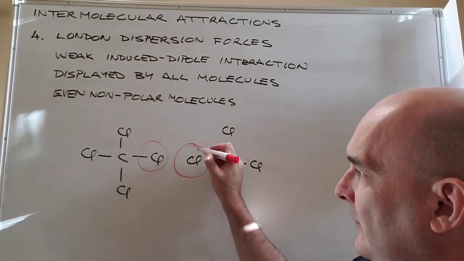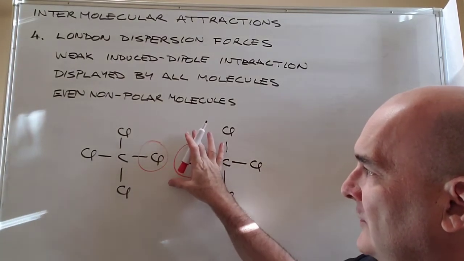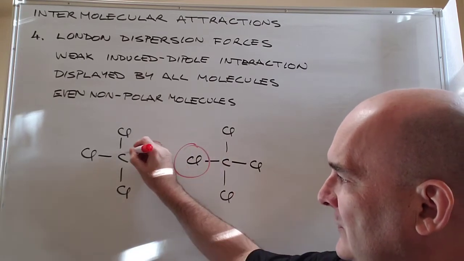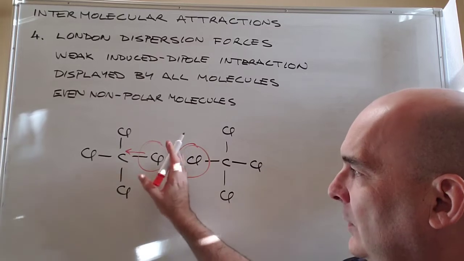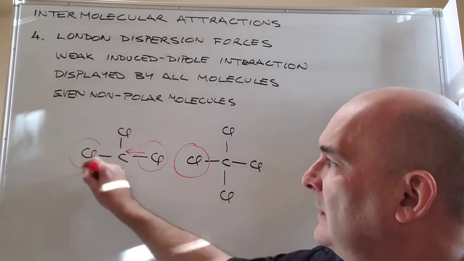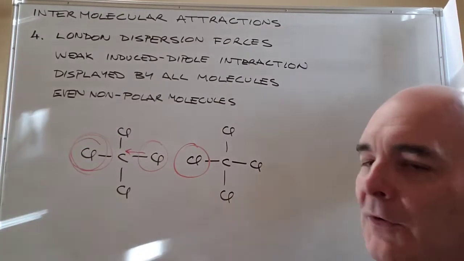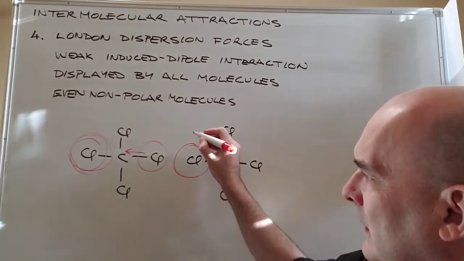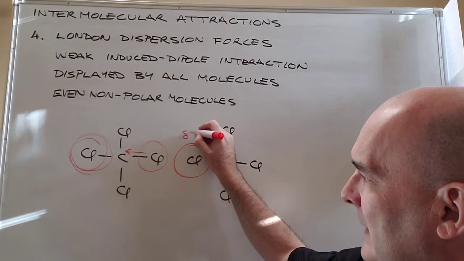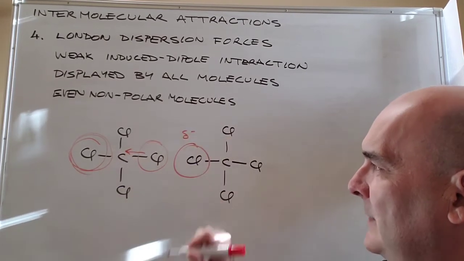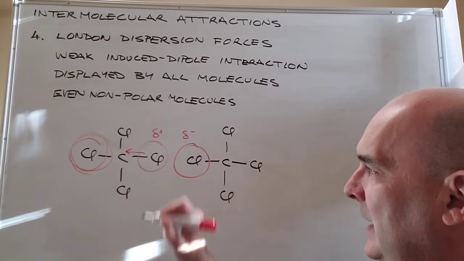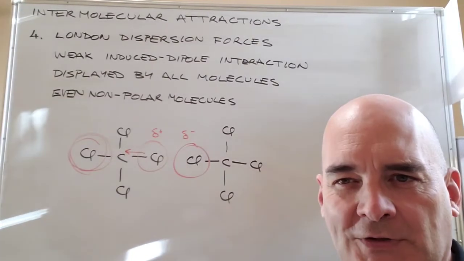Well, what if the electrons on this atom pushed the electrons in this molecule away so that they moved further to the other side of the molecule? Well, this would end up being a tiny bit negative, and this would end up being a tiny bit positive.